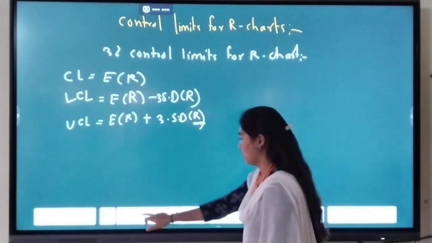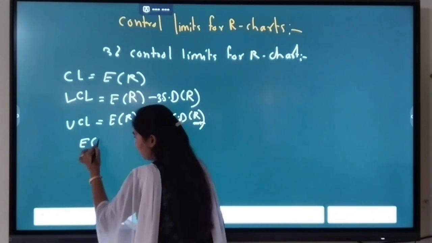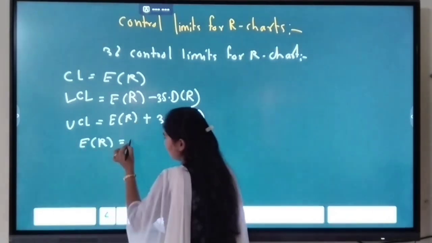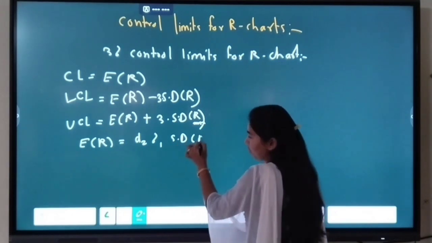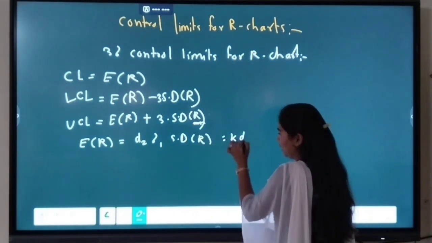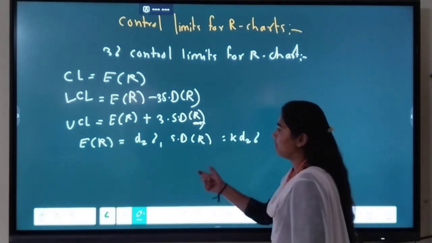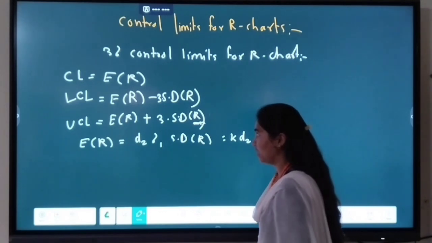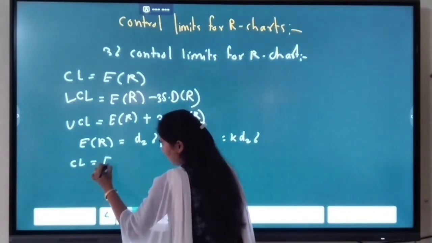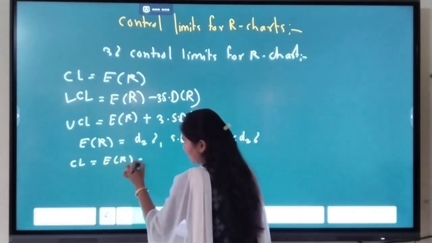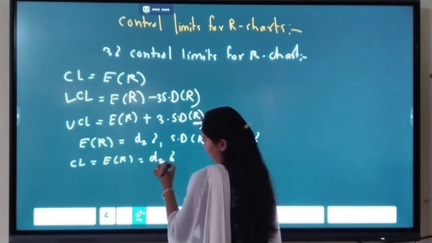As we know, the expected value of R is d2 sigma, and the standard deviation of R is k d2 sigma. We put these values in the corresponding control limits. We get CL, the central line, which is the expected value of R, that is d2 sigma.